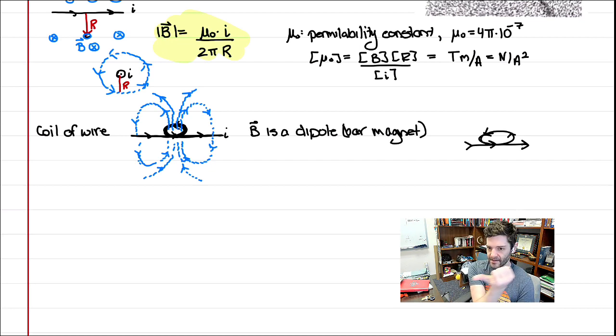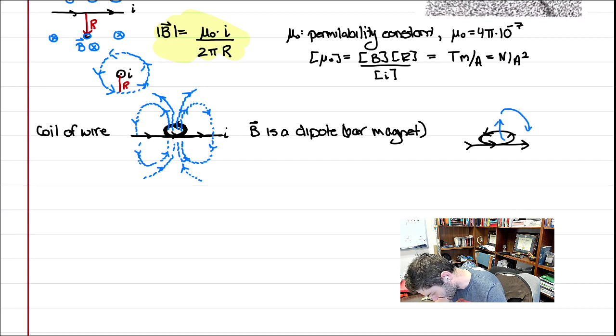If I have my thumb pointing along the direction of the current anywhere in that coil, my fingers curl up through the circle, then loop back around on the outside of the circle, go down on the side, and then curl back up, and I can do that again on the other side as well.